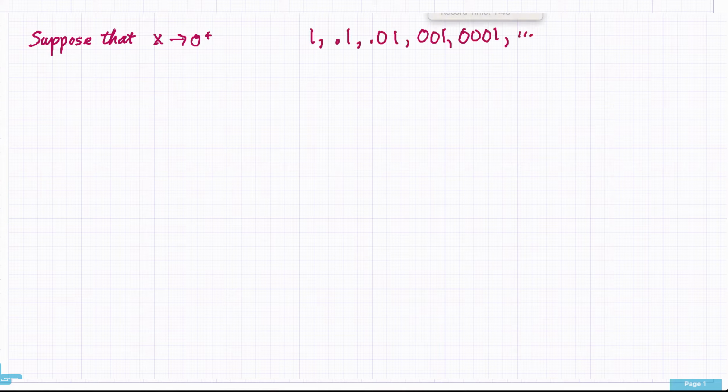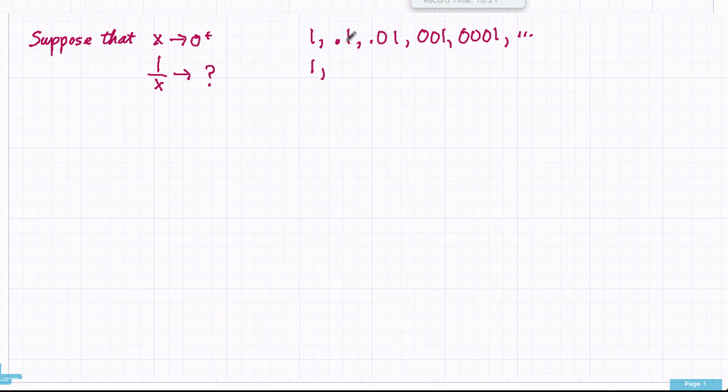We can now go to a somewhat more interesting example. Suppose that x is going to 0 from the positive side. We can build such a list. Now we can look at the list formed by the corresponding 1 over x's and see what happens with them. So if x is 1, 1 over 1 is going to be 1.